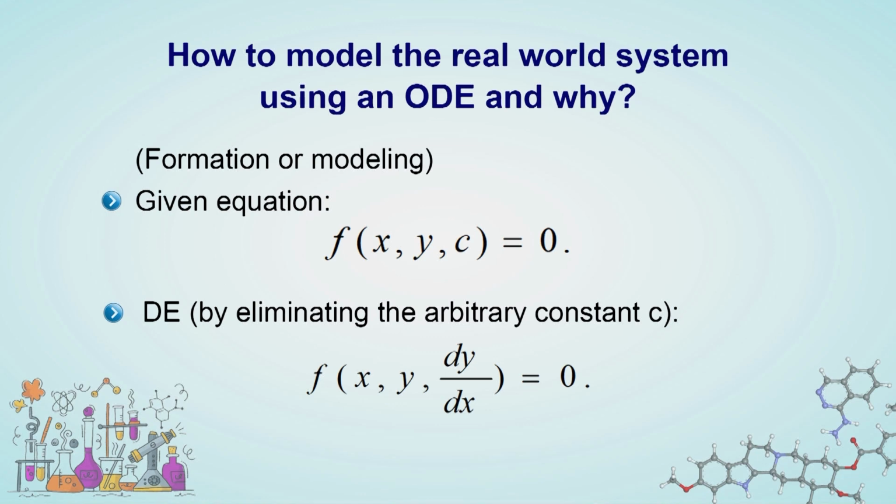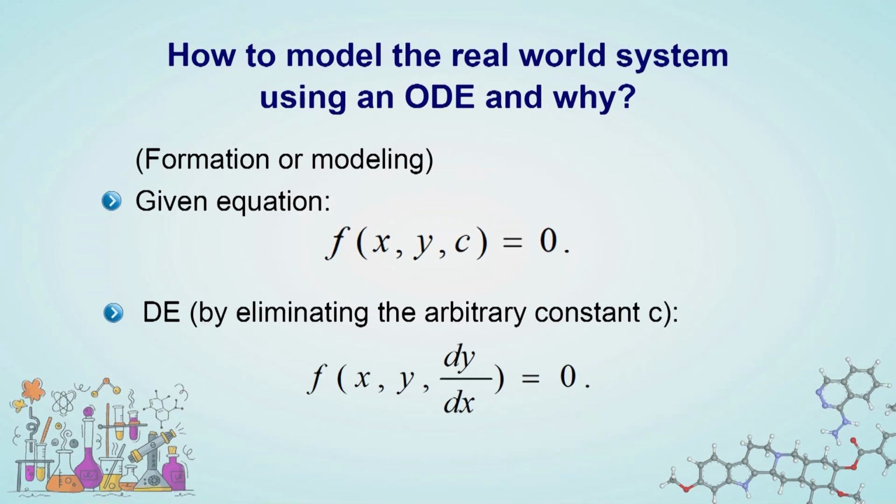Simply f(x, y, dy by dx) equal to 0. Here we eliminate c, then instead of c we put dy by dx, and the resultant equation is defined by f(x, y, dy by dx) equal to 0. We compare the first and second equations, and we find that instead of c there is dy by dx.